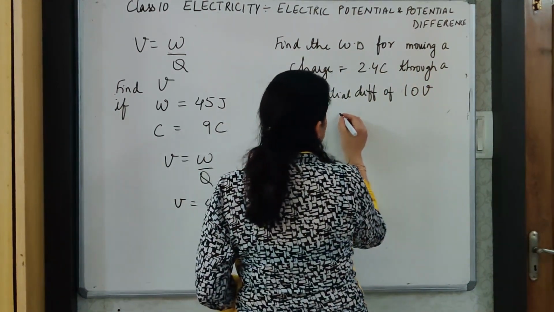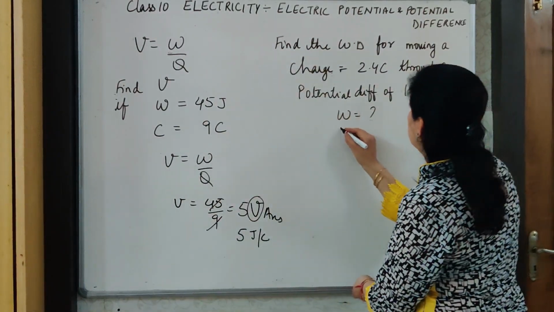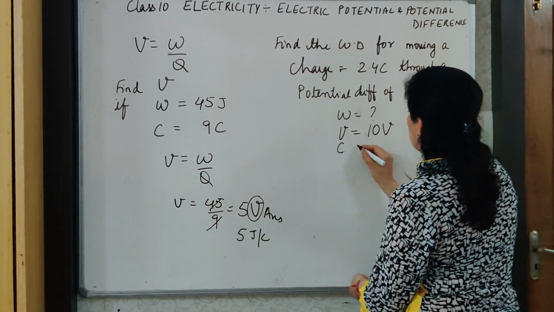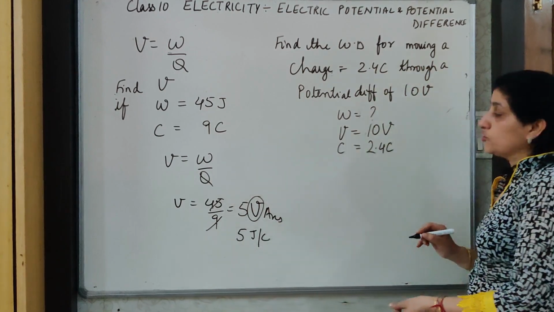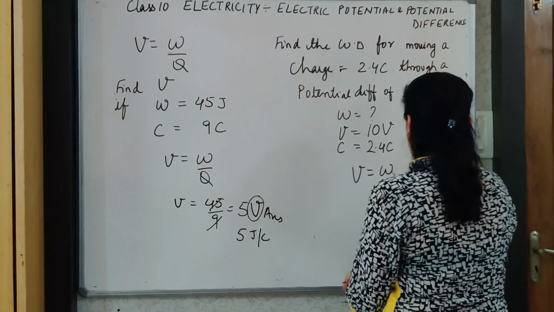So we have to find the work done. Then we have V and we have Q. V is given to us, 10 volt, and the charge is 2.4 coulomb. Same formula we will use. V is equal to W upon Q.